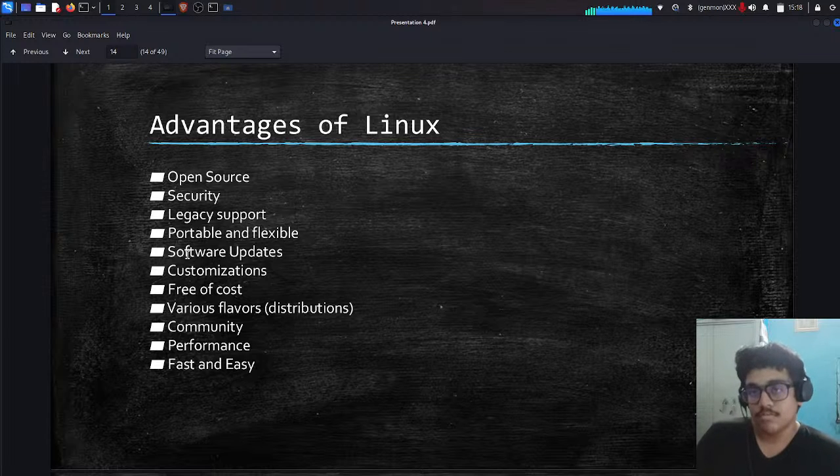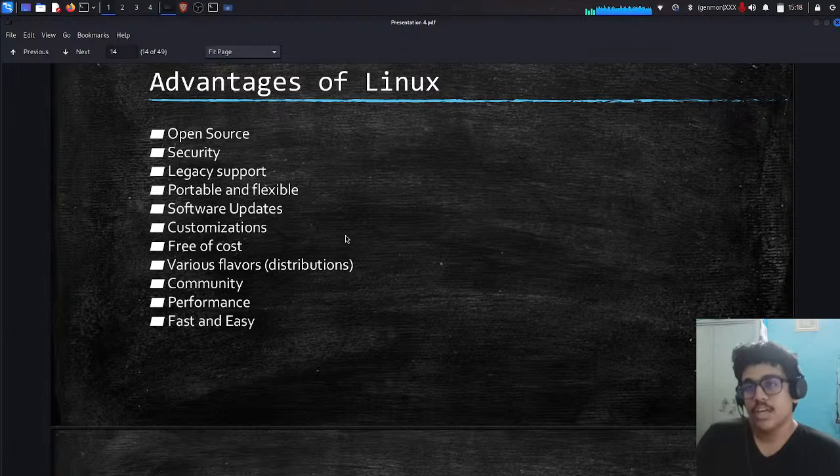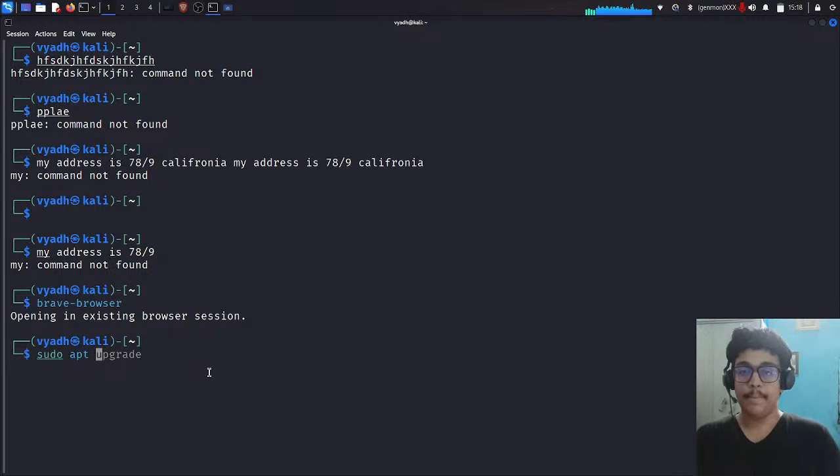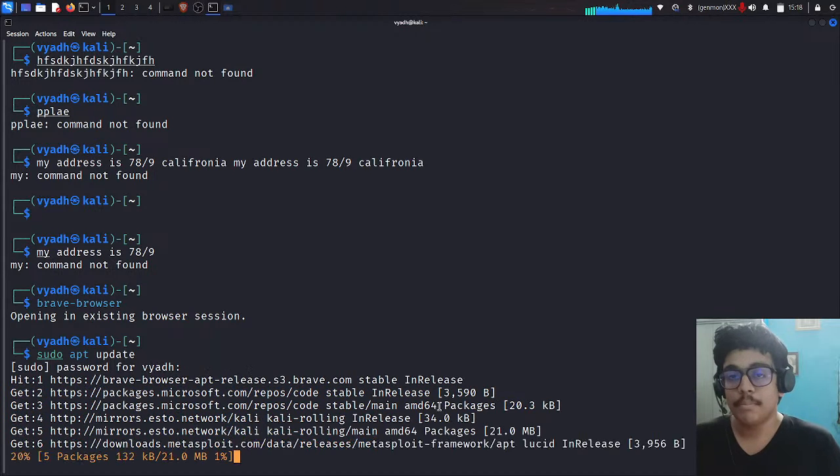It also gets different kinds of software updates whenever you want to update. Let me show you how. sudo gives a superuser command, apt, and we will do update. We tell the system that it should update itself. It is asking for a password, so we provide the password.